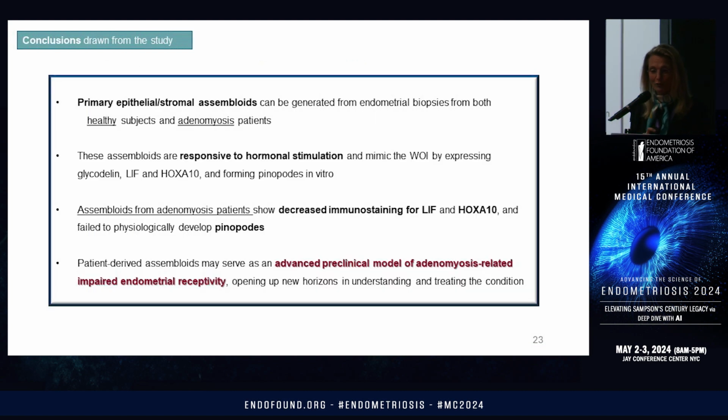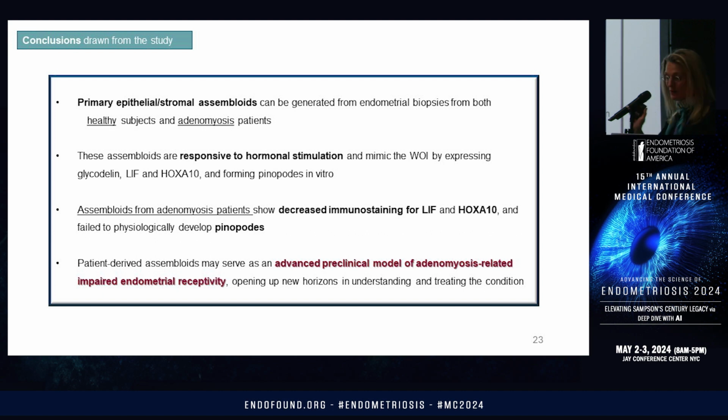To conclude my talk, primary epithelial and stromal assembloids can be generated from endometrial biopsies from both healthy subjects and adenomyosis patients. These assembloids are responsive to hormonal stimulation, and they mimic quite well the window of implantation by expressing glycodelin, LIF, and HOXA10, and also forming these pinopodes in vitro.